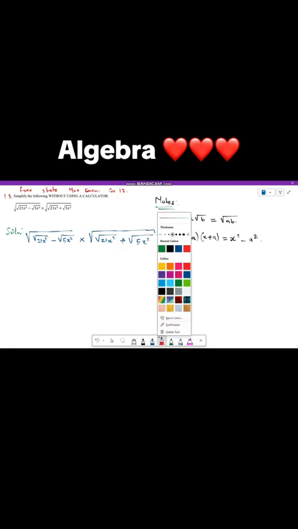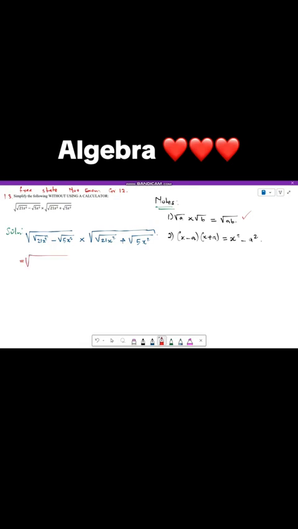Let me just change my color to red. We are going to first use that property since we see that we have the same radical with a product there. So this will be the square root of, in brackets, this whole expression as if it's our a, and this whole expression as if it's our b.